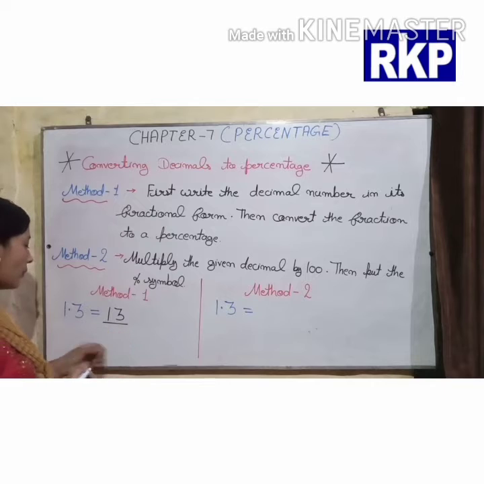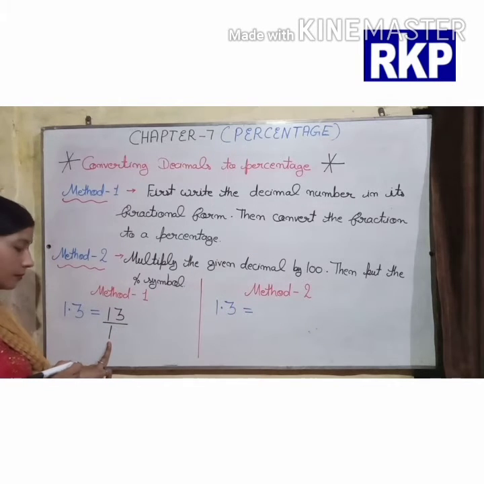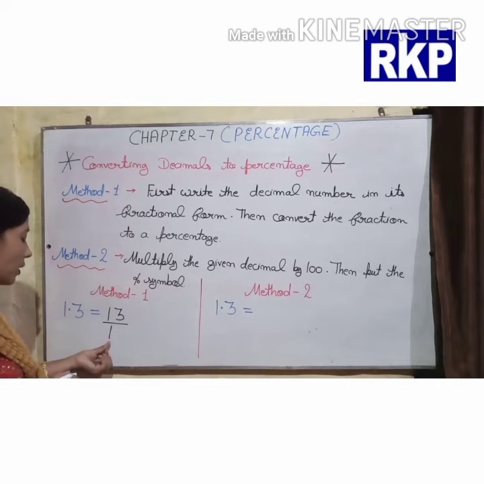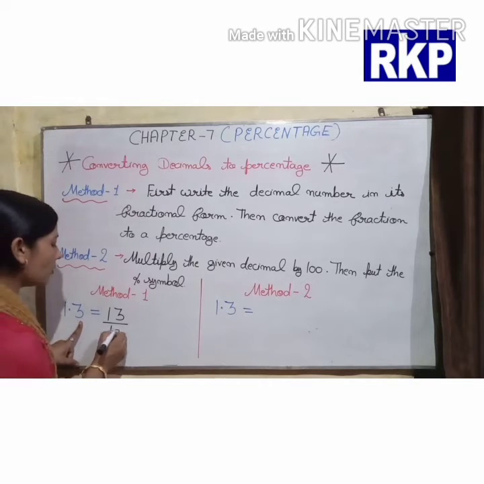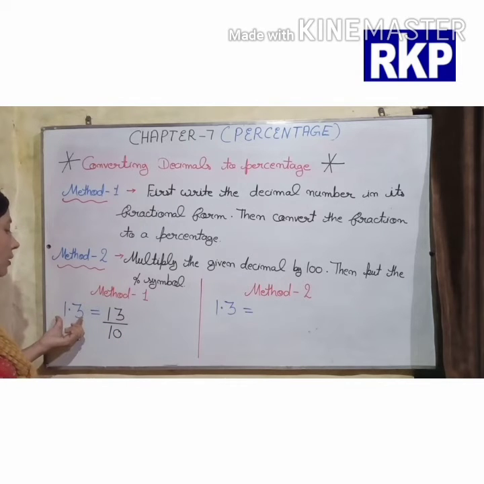Now for this decimal point, means at this decimal point we have to write 1. Okay, at the place of this decimal point we have to write 1, and now we have to count the number of digits after this decimal point, and here we have only one digit, so here we have to write only 10. Okay, so 13 by 10 is a fraction for 1.3.